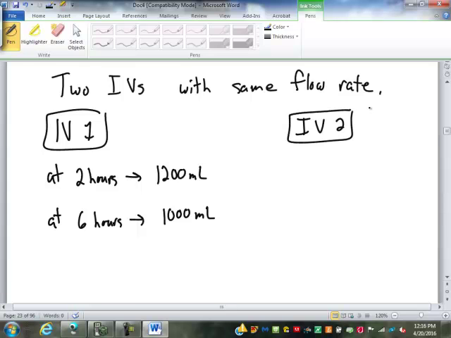IV2 at the 2 hour point contained 600 milliliters.